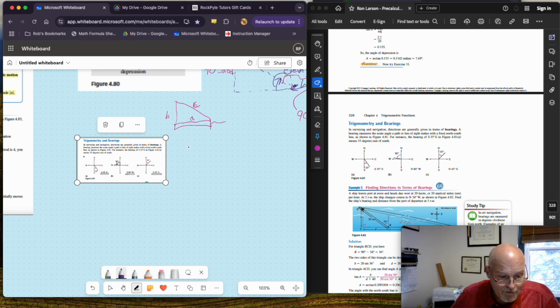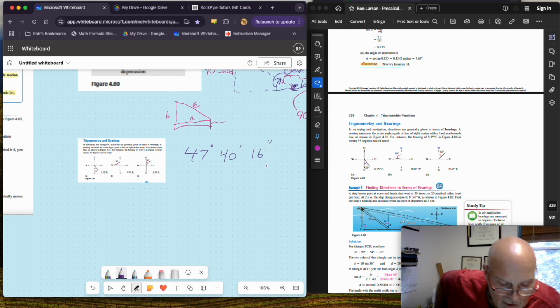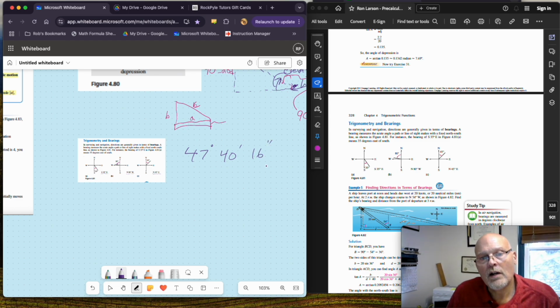So if I have 47 degrees, 40 minutes, and 16 seconds, how do I do this? Normally with decimals, we're just dividing things by tens, hundreds, and thousands. In degrees, minutes, and seconds, we're using the clock metaphor. There are 60 minutes in every degree and 60 seconds in every minute.